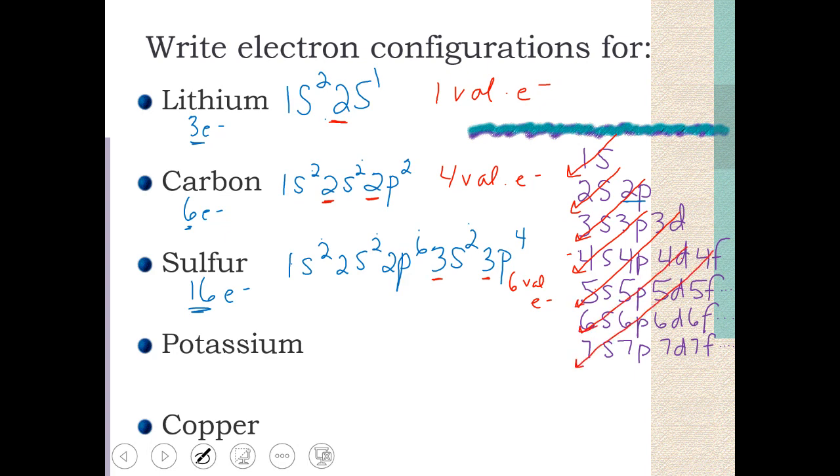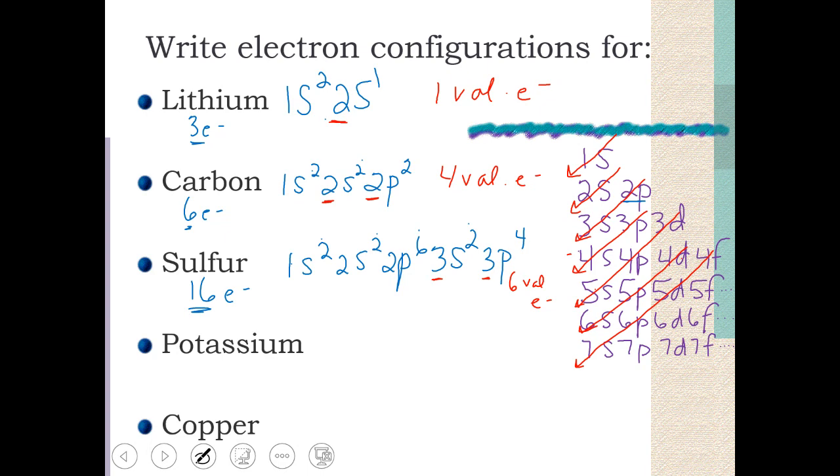Like it's 1S, and this is the exact order from the nucleus out. 2S, 2P, 3S, 3P, 4S, 3D, 4P, 5S, 4D, 5P, 6S, and etc. The other thing you can do is you can look at the periodic table. And the periodic table can actually guide you as well.